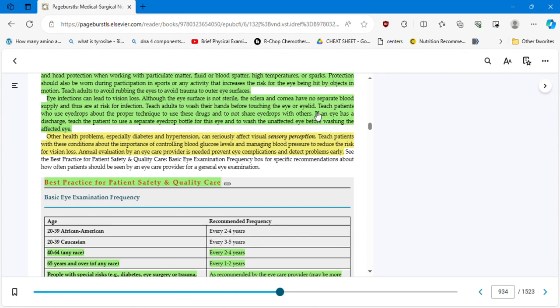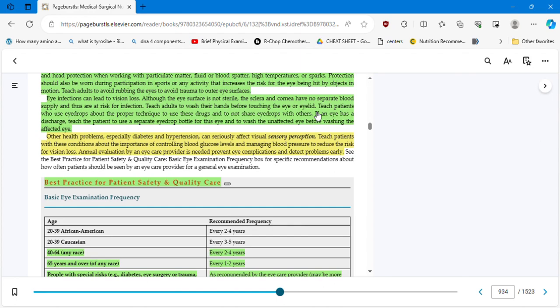with others. Meaning, if your mom is using eye drops for her dry eye condition, that is her eye drops. You are going to use another bottle of eye drops if you develop that condition.